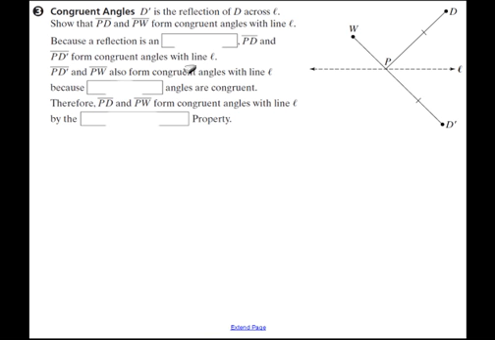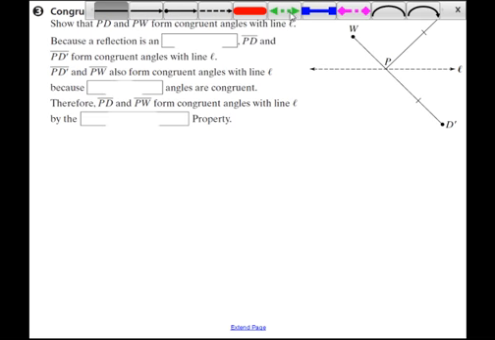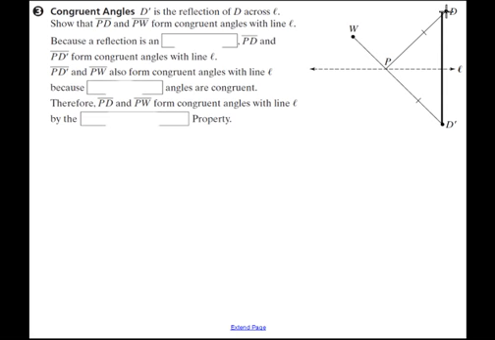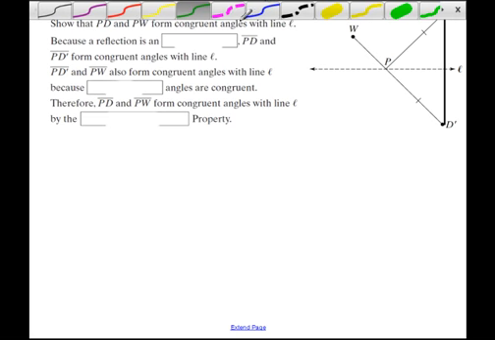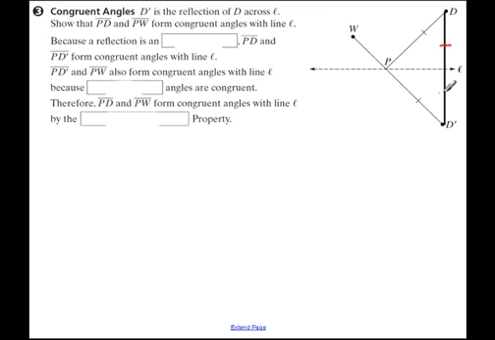Okay? So when we look at the reflection, we know that if these are reflections, we can draw a line right in here between D and D prime, and that should be a 90-degree angle in there, right? We also should know that this segment and this segment are going to be congruent to each other.